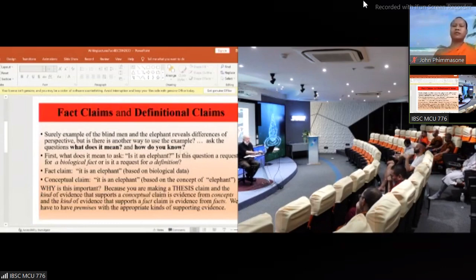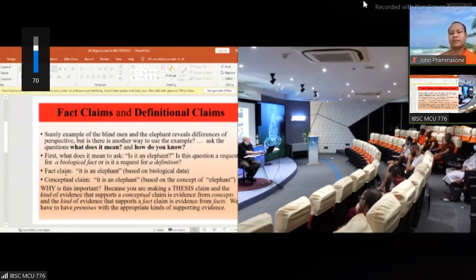Fact claims and definitions. Surely the example of the blind men and the elephant reveals differences of perspective, but is there another way to use the example? You can ask the questions, what does it mean and how do you know? First, what does it mean to ask, is it an elephant? Is this question a request for a biological fact, or is it a request for a definition?